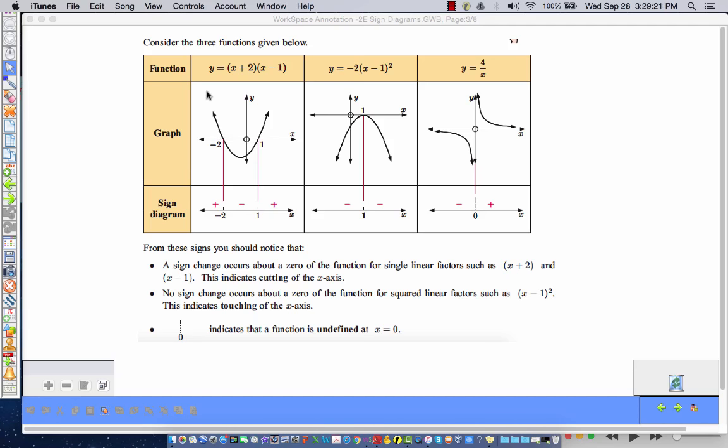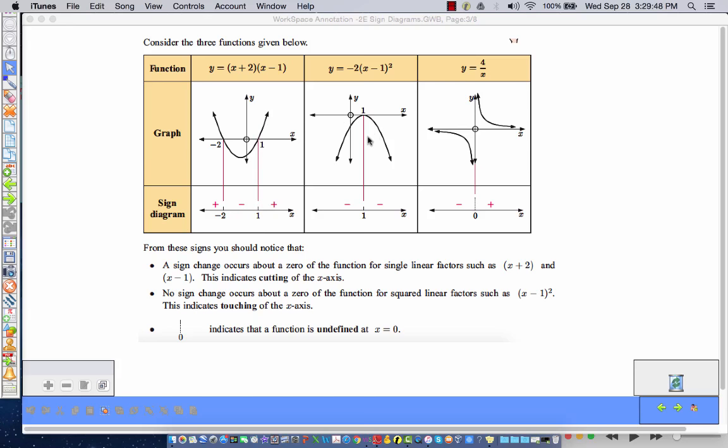All positive values for the function. Remember, the value of the function is equal to its y coordinate, with its corresponding value of x. Here, between -2 and 1, you can see that the graph of the function is below the x-axis, indicating all negative values from -2 to 1, and then, again, all positive values to the right of 1.